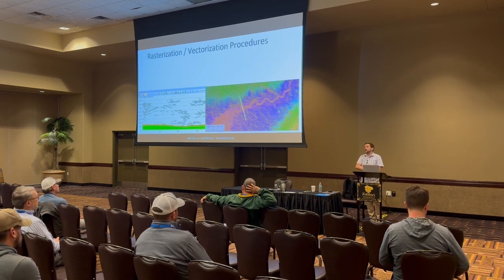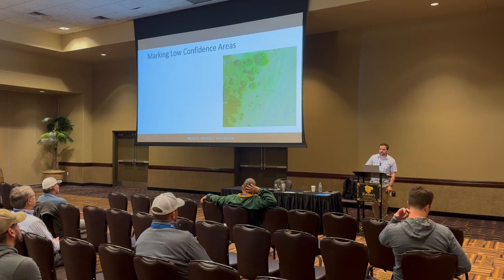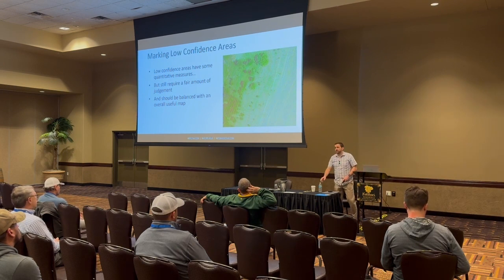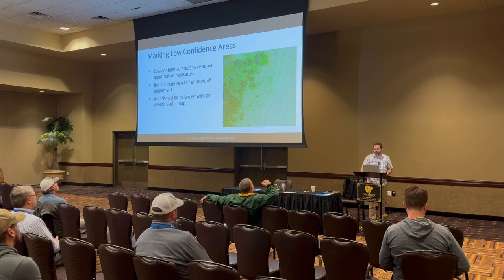Or is it actually a slope in the ground that goes up for 10 feet and then down? There's some real judgment for what you would define as a low confidence area based on either elevation, shadowing, things like that. And honestly, it needs to be balanced with a useful map. Making a map is part of that judgment call that's just really, really tricky to do.